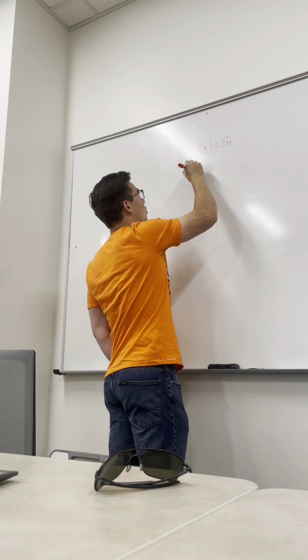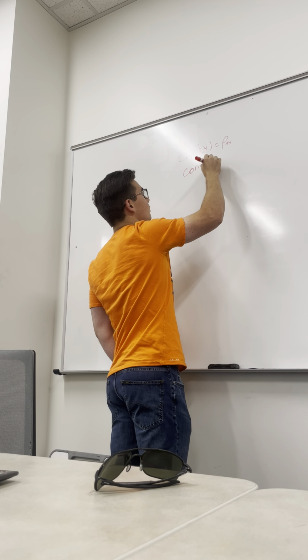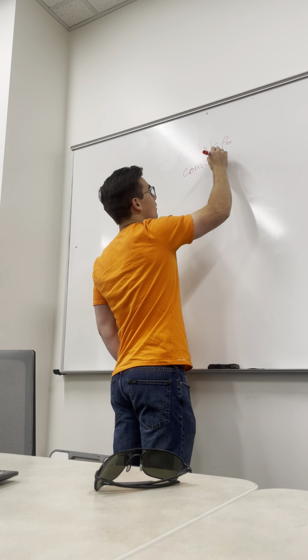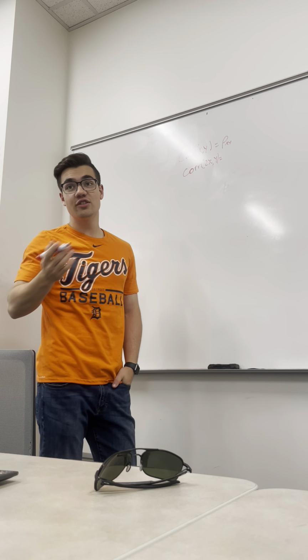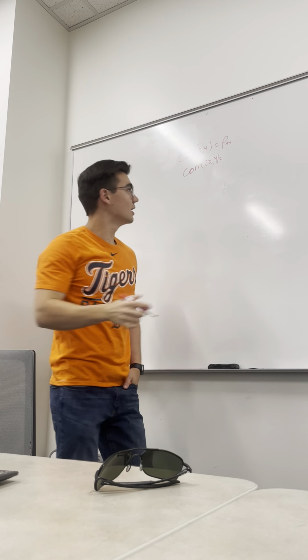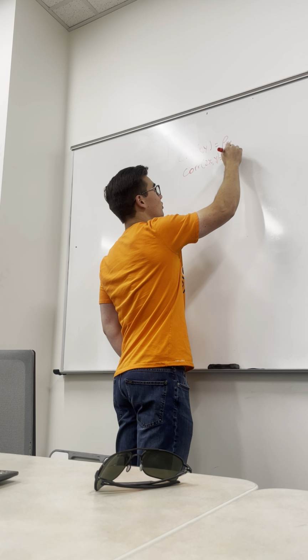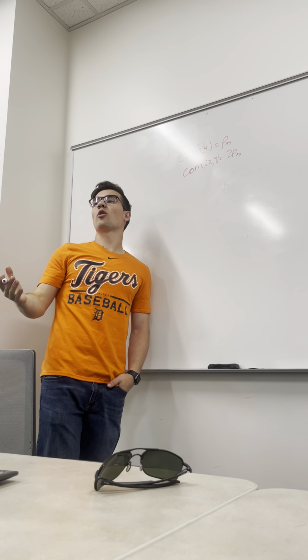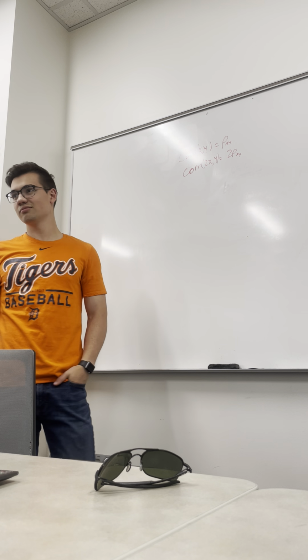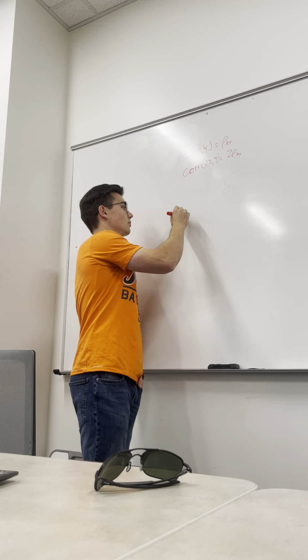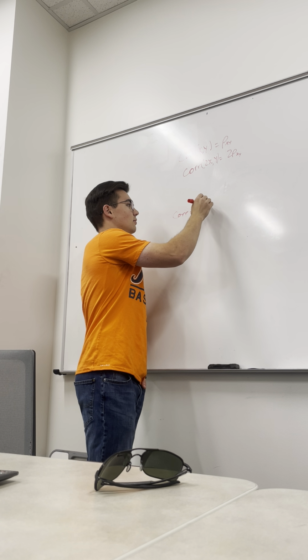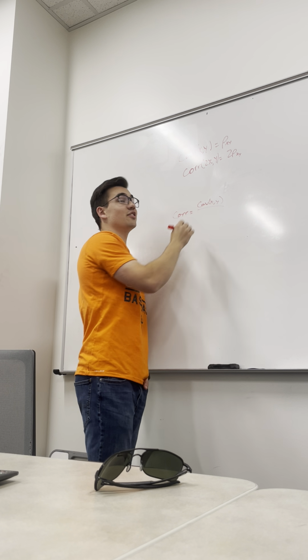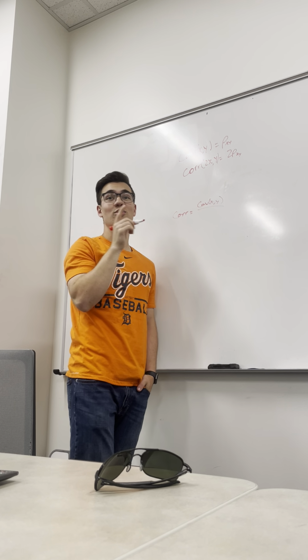We want to look at the correlation of 2x and y and see what that equals, and it is postulating that it should equal 2 rho xy. So what do we know about correlation? We know that it is equal to covariance over sigma x times sigma y.